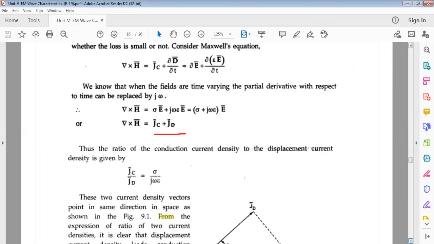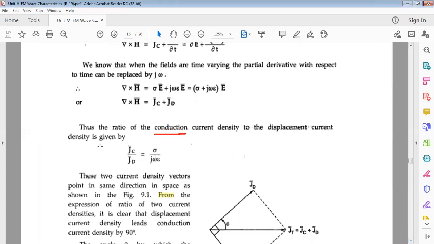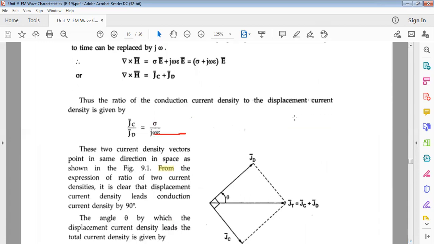The ratio of conduction current density and displacement current density, JC bar and JD bar, is sigma by j omega epsilon. These two current density vectors point in the same direction in space, as shown in the figure here. From the expression of the ratio of the two current densities, it is clear that the displacement current density leads the conduction current density by 90 degrees.